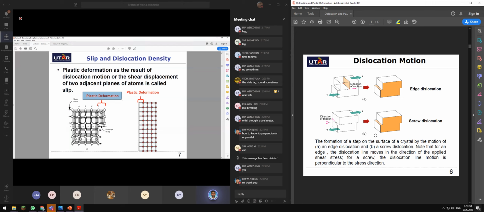That is what gives you the extra elongation for the chewing gum, and it cannot return to its original position. So that is what we call slip. Plastic deformation as a result of dislocation motion or the shear displacement of two adjacent planes of atoms is called slip.